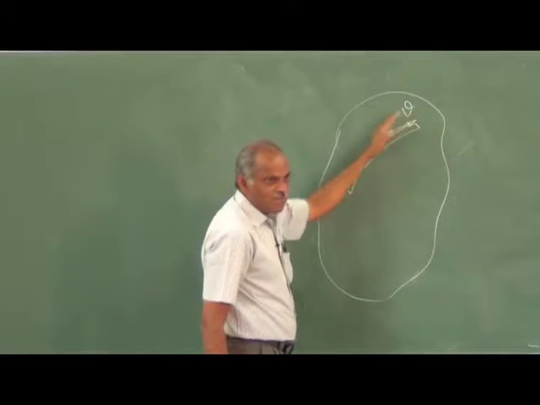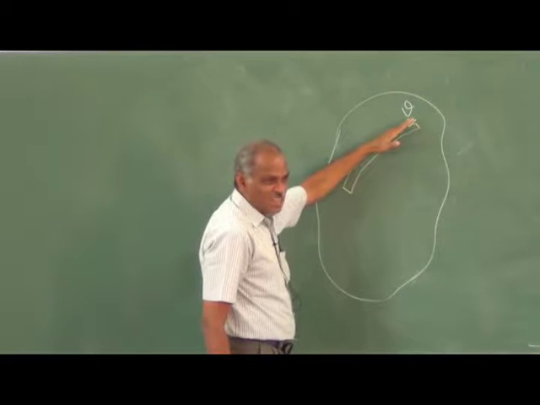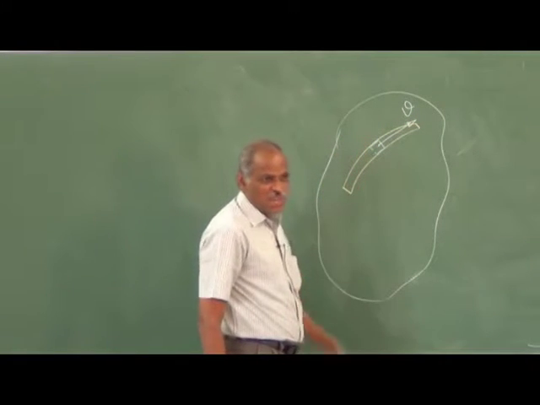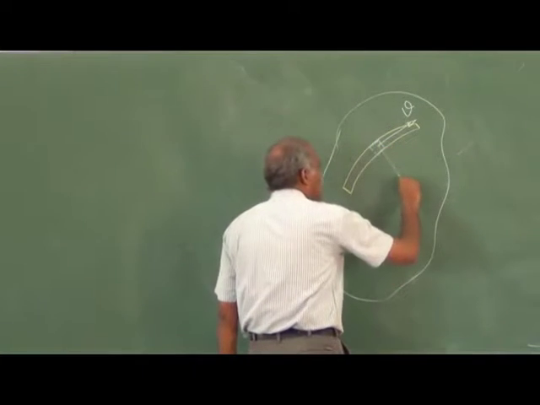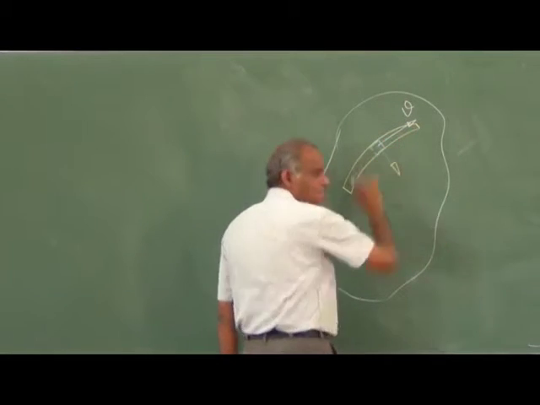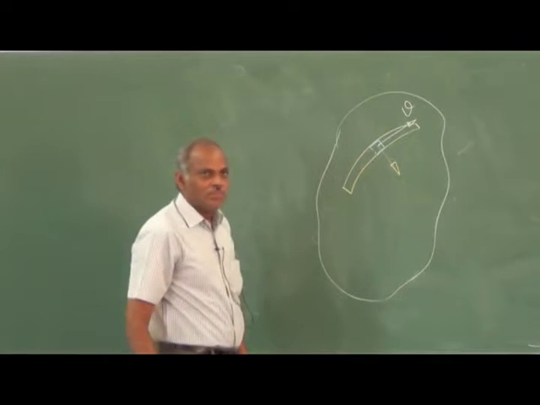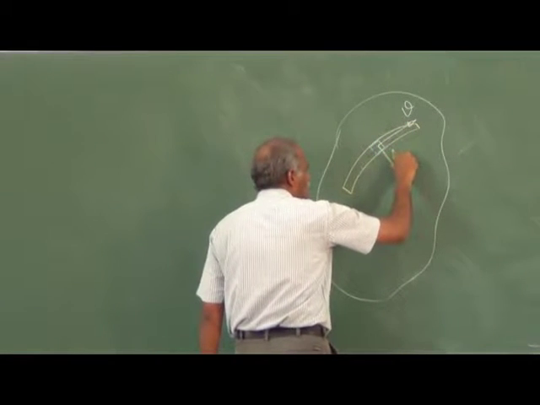Because it is moving in a curved path, its direction of velocity would be changing. So it will be subjected to a normal acceleration. That acceleration will be like this. Because this is your curvature, the center of the curvature is somewhere here. So this will be the normal acceleration.